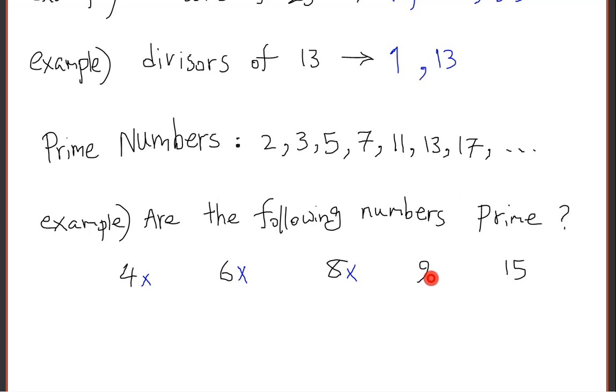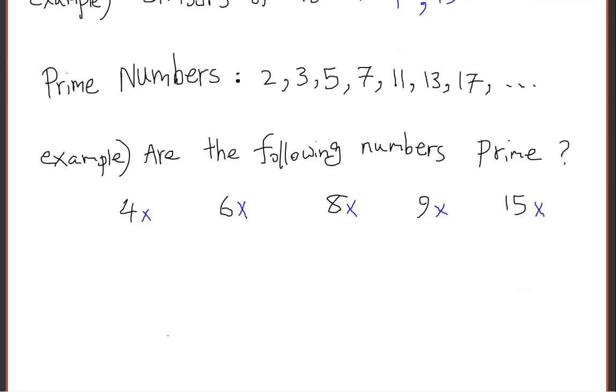Yes, 1, 3, and 9. So it is not a prime number. And what about 15? It's 1, 5, 3, so it is not a prime number because it has more divisors than 2.